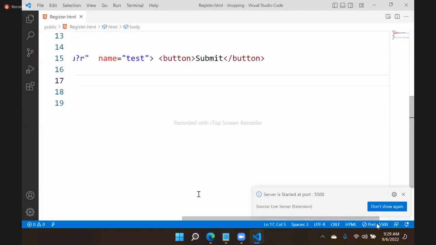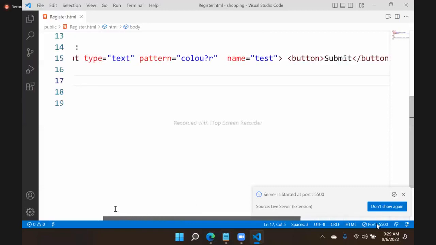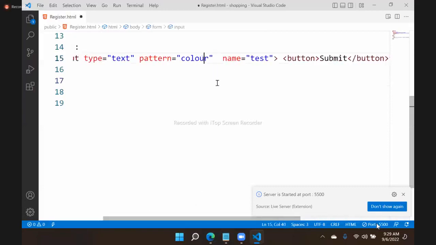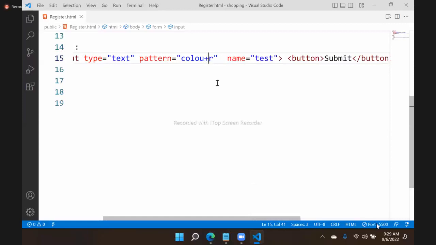Suppose I'm using here U plus. This indicates U is compulsory. It can be one time or it can be many times. Here we are not discussing color spelling. We are discussing occurrence, how characters occur. We will put them in reasonable examples in later levels.